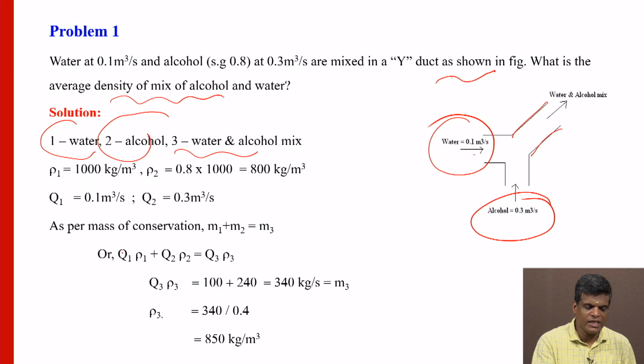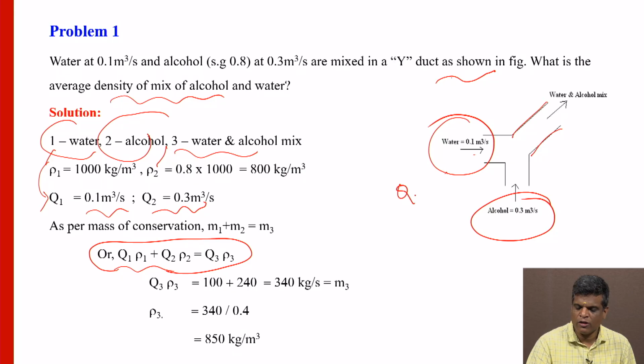So rho 1 is the density of water, rho 2 is the density of alcohol, and Q1 and Q2 are their volumetric flow rates. We can write Q1 rho 1 plus Q2 rho 2 equal to Q3 rho 3, the summation of these.